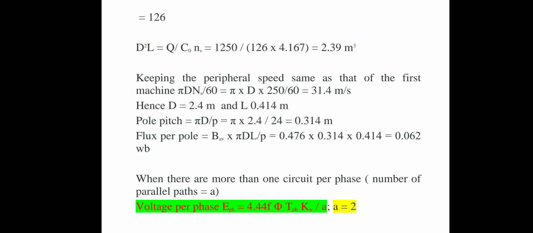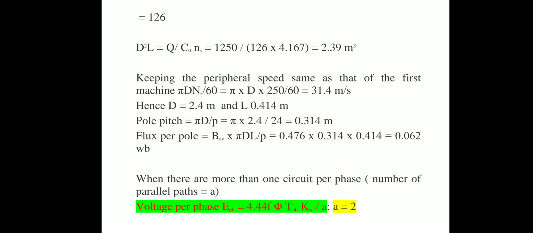Hence, from this we can calculate the main dimension capital D. The peripheral speed we have calculated is 31.4 meter per second, and D is calculated with the help of this formula. We know D square L is equal to 2.39 meter cube.